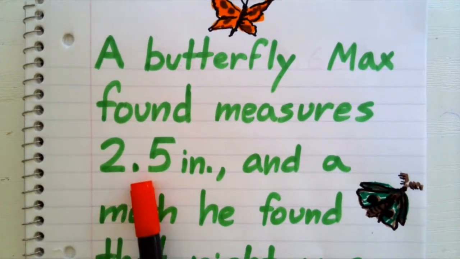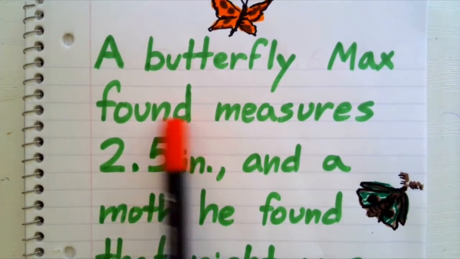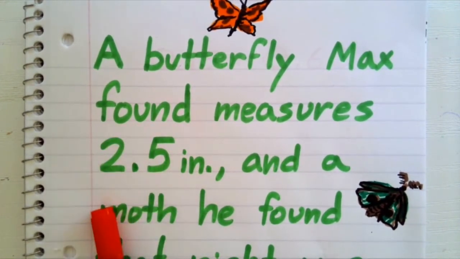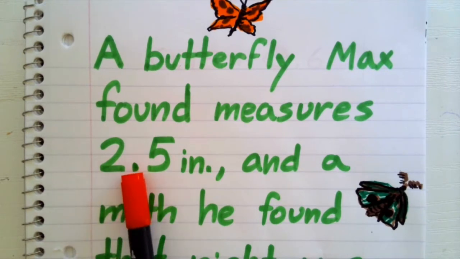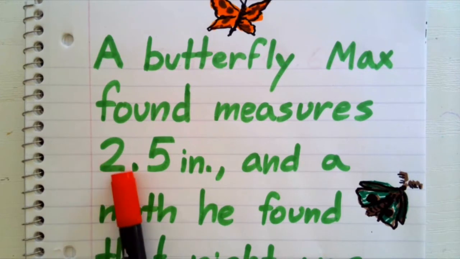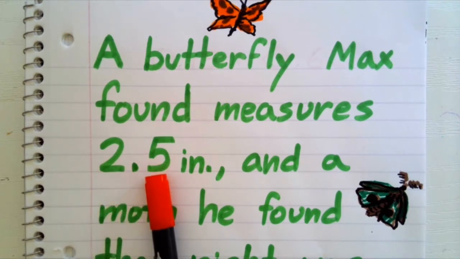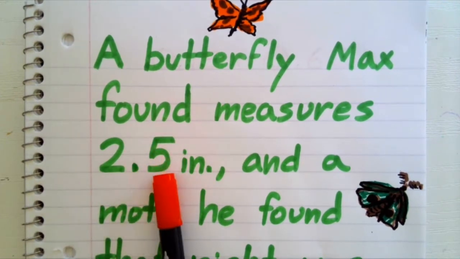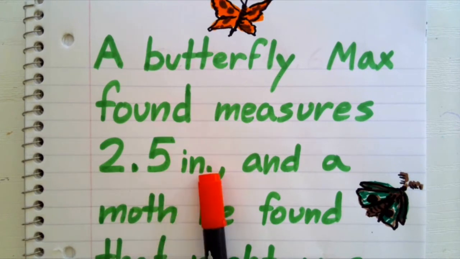So when we see 2.5, how else do we say that? 2 and, we say and when we see the decimal point, 2 and 5 tenths of an inch.